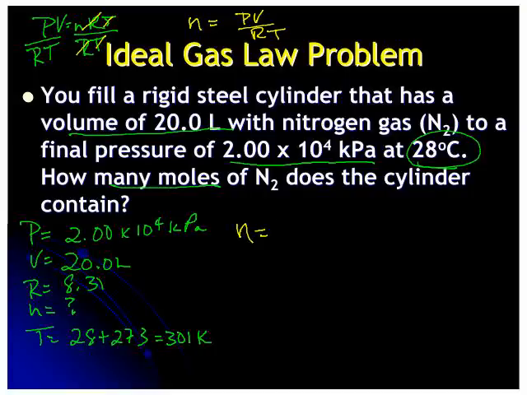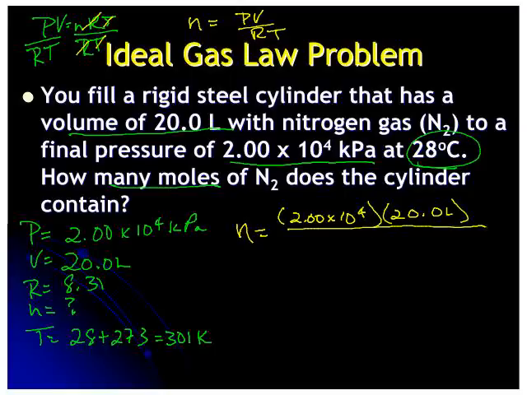N equals pressure, 2.00 times 10 to the 4th. Volume, 20.0 liters. My R is 8.31. And then my temperature is 301 Kelvin.